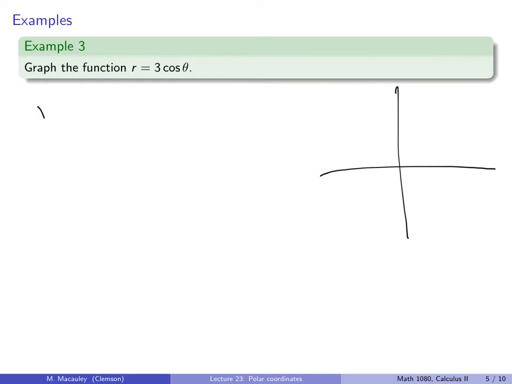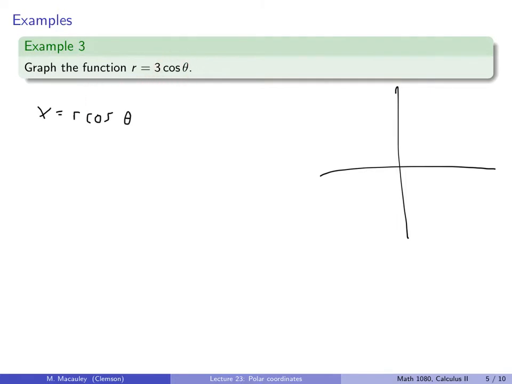So x is r cosine theta. So now what? Well, what we want to do is eliminate r and eliminate theta. We know what r is, so let's plug that in here. That eliminates r.